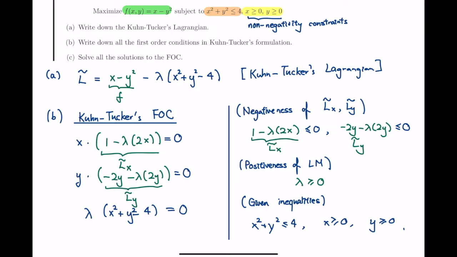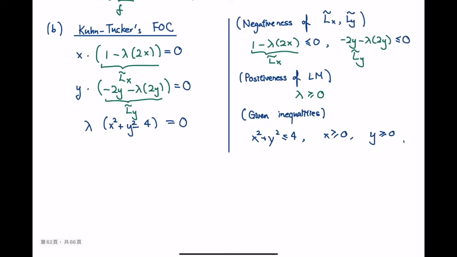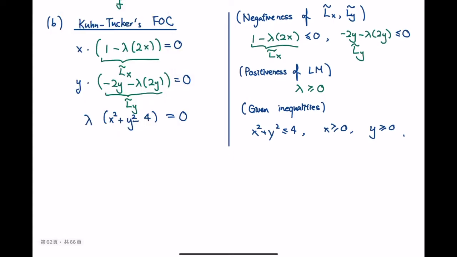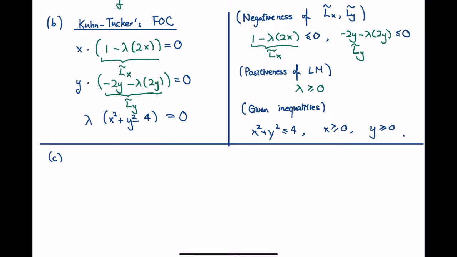Okay, part C. Solve all the solutions to this system of first order equations. Okay, let me draw a horizontal line to separate them. We have 3 equations here, 3 unknowns, 3 equations. So 1, 2, 3. How should I start? I'm going to start with our new friend. What is our new friend?